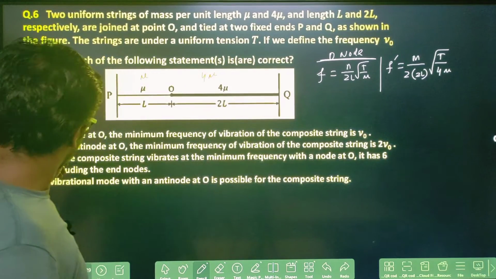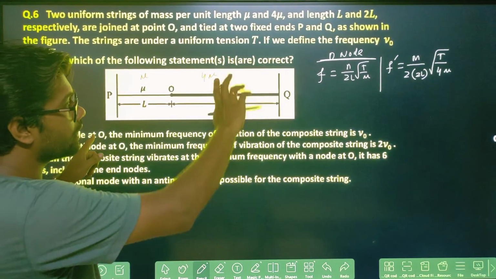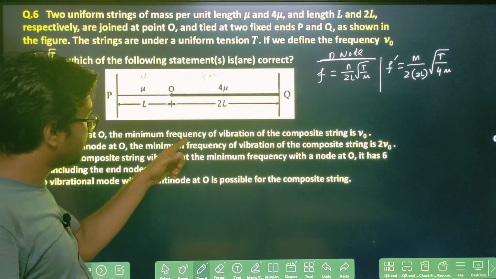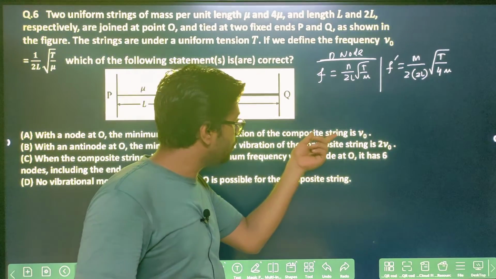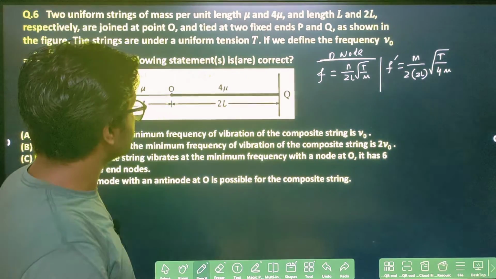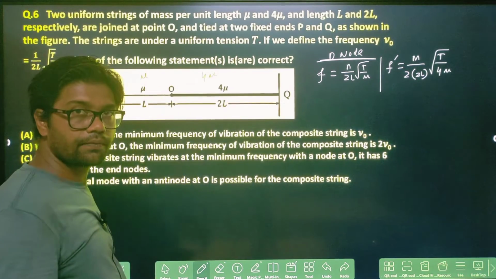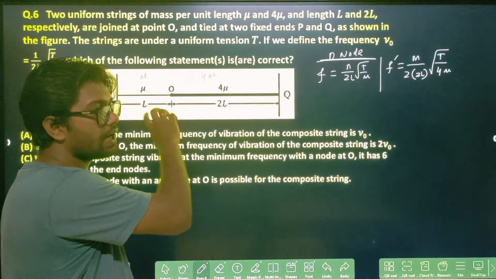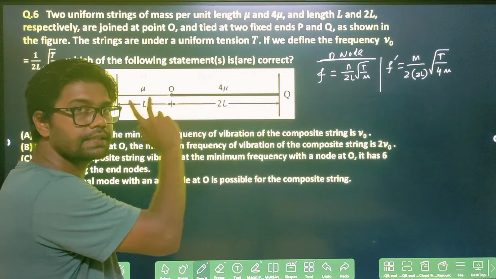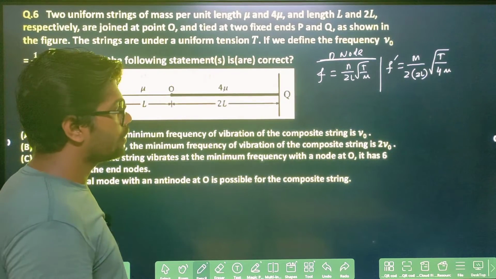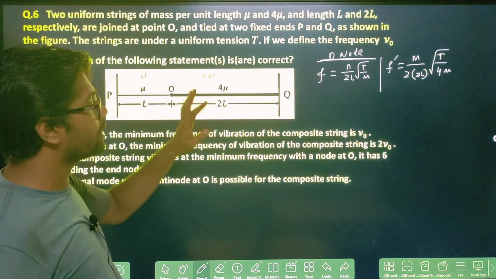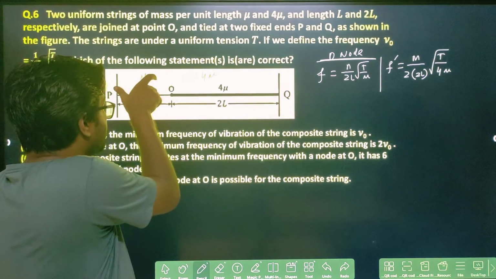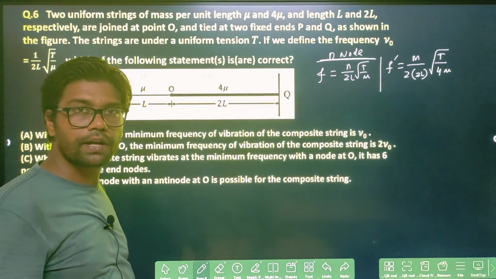Now option A. If you read, for node O we have written these two frequencies. Now they are telling vibration of the composite string. Composite string means both are vibrating. If both are vibrating, that means both have to vibrate at the same frequency, right? Clear? Both have to vibrate at the same frequency. Maybe individually their frequencies will be different.